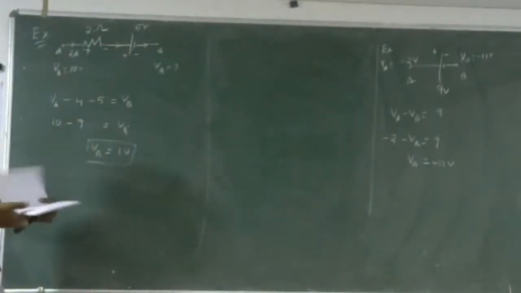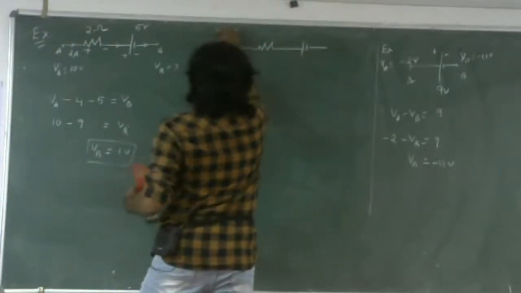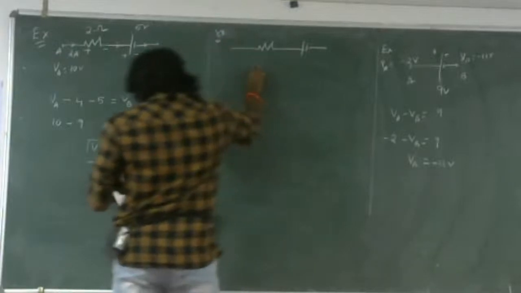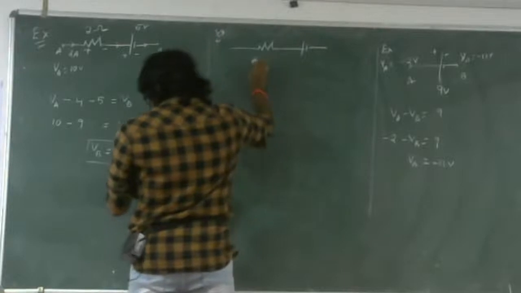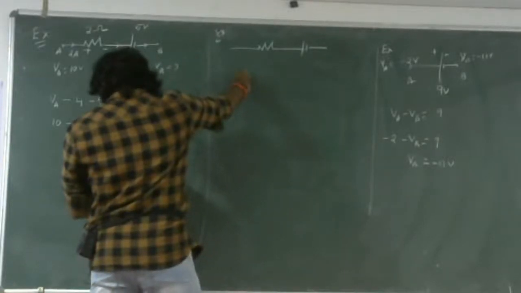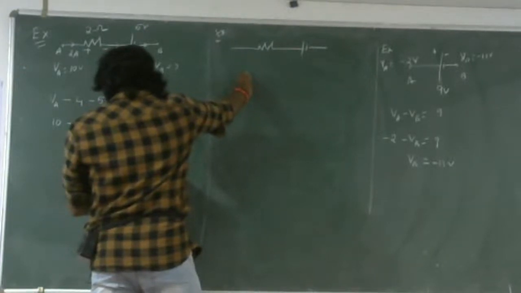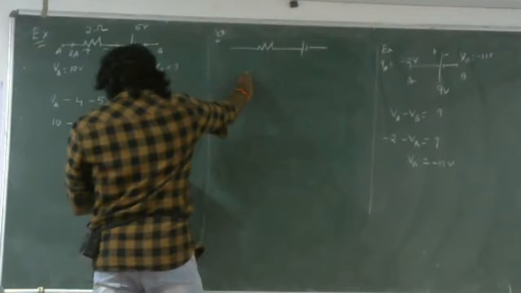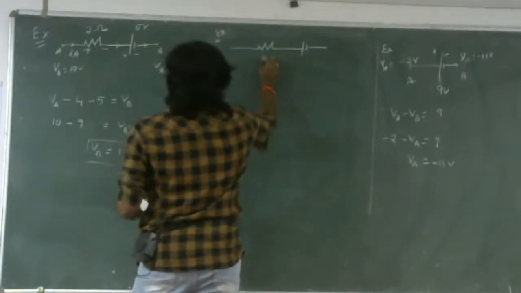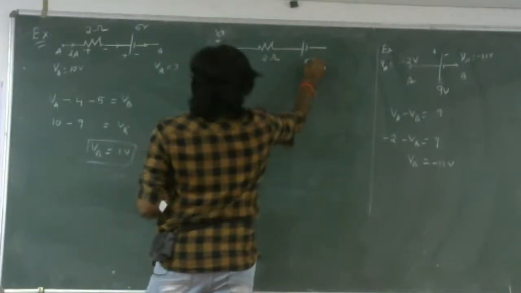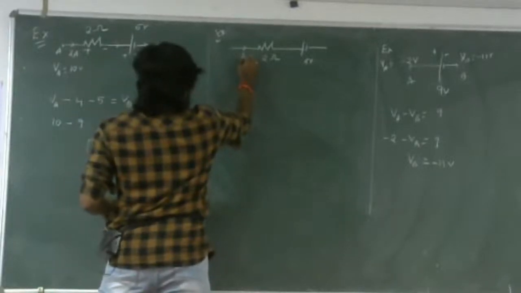How to deal with it? Yes, let us consider here we have a resistor and a cell, another example. And the resistor is having a value of, again you can consider, 2 ohm resistor and 5 volt cell we have, and same current 2 ampere of current is flowing here.